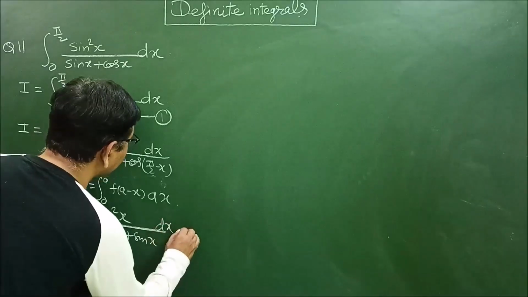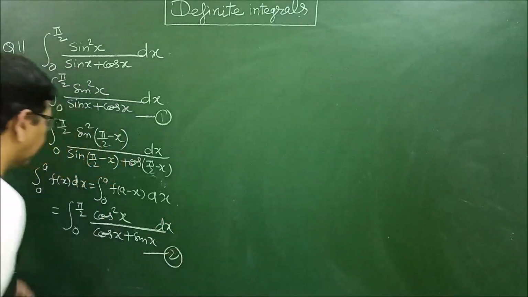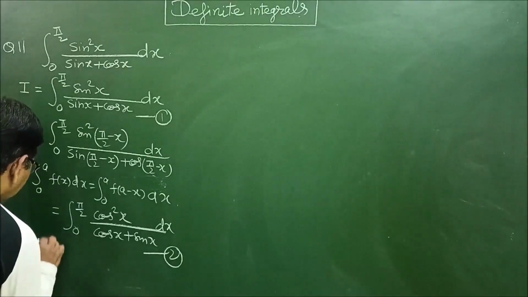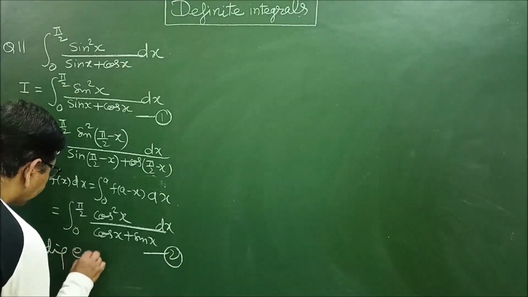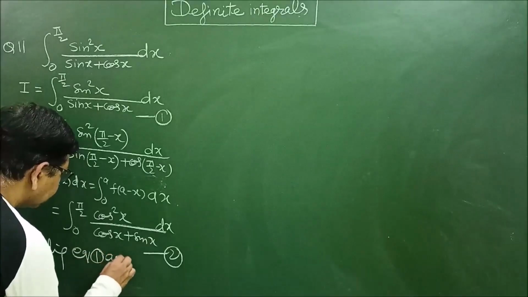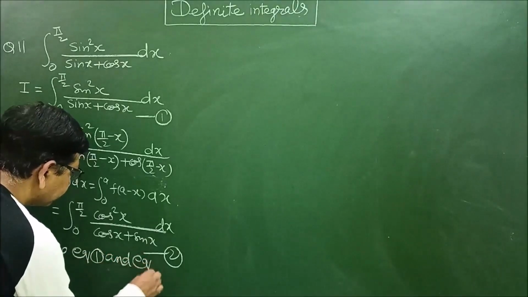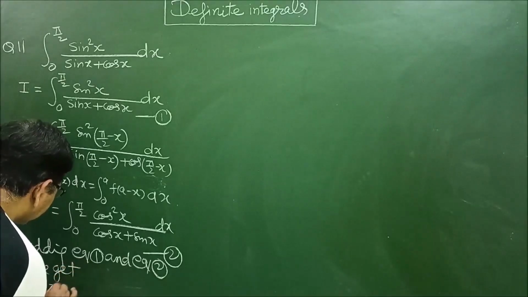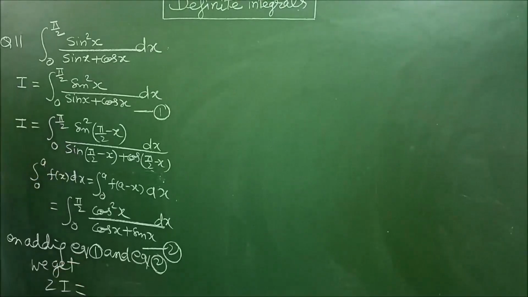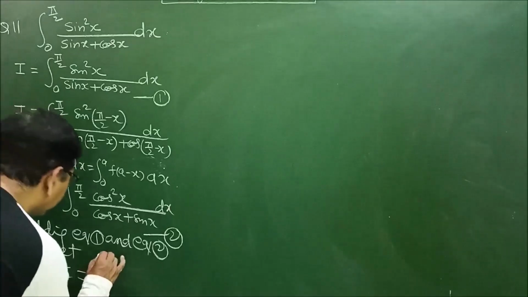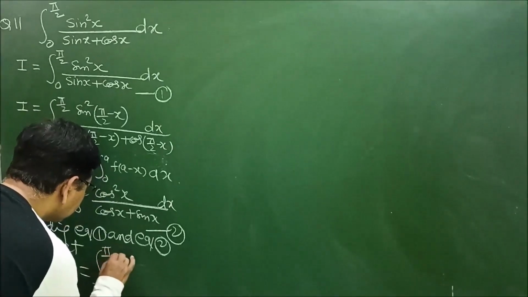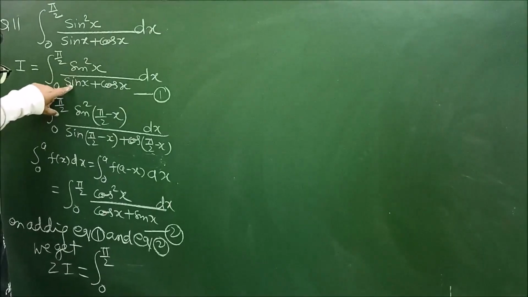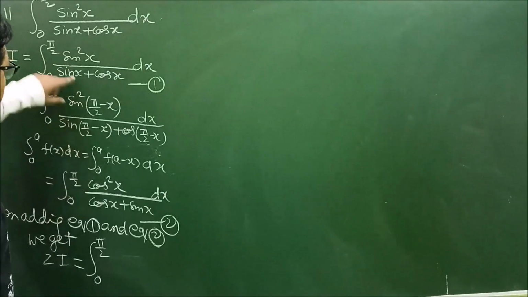Now adding equation first and equation second, we get on the left hand side 2I, from 0 to pi by 2, and both the definite integrals have the same denominator.